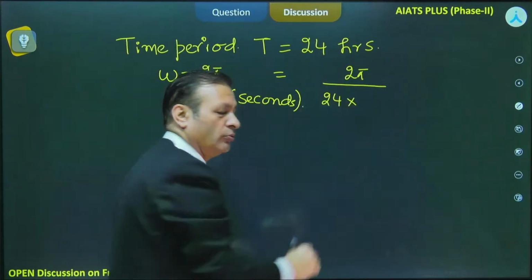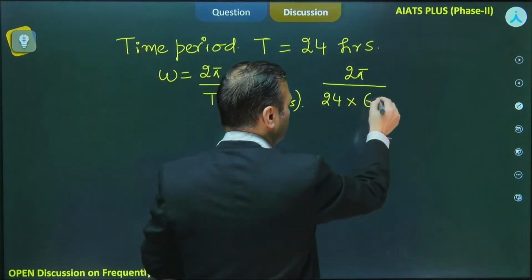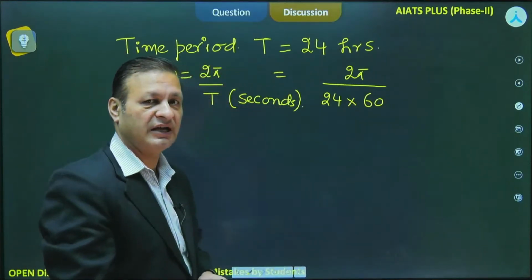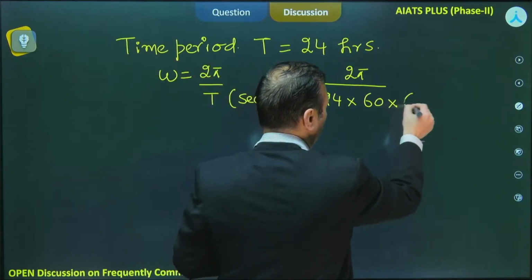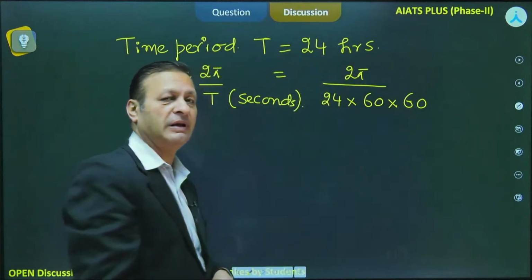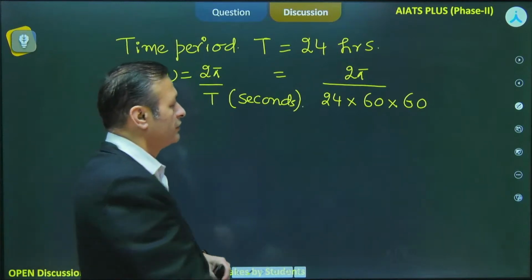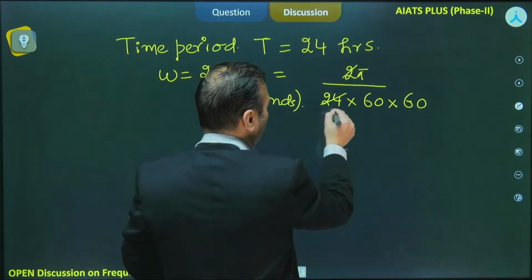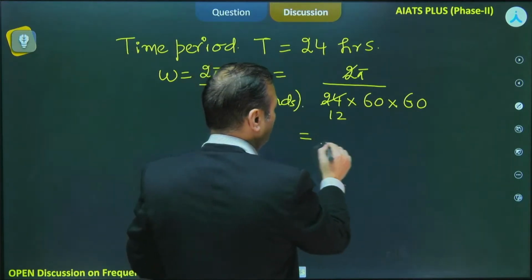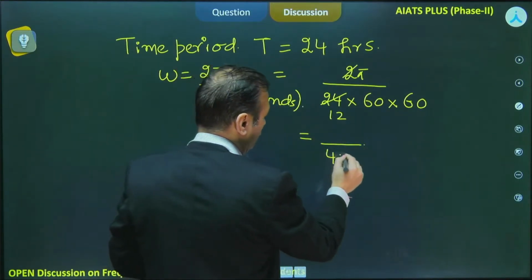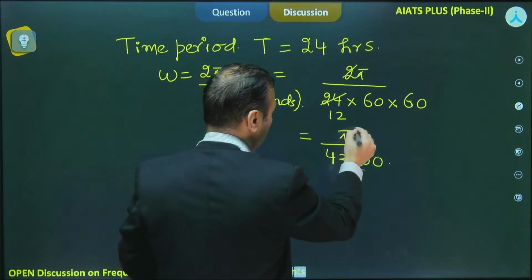In 1 hour, how much time do we have in seconds? Convert it into minutes: multiply by 60, that gives time in minutes, but we have to reach seconds, so we multiply with another 60. This goes with this, so it makes it 12. So this is 432, and these 2 zeros are there.